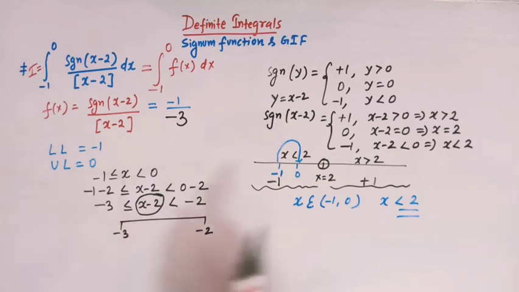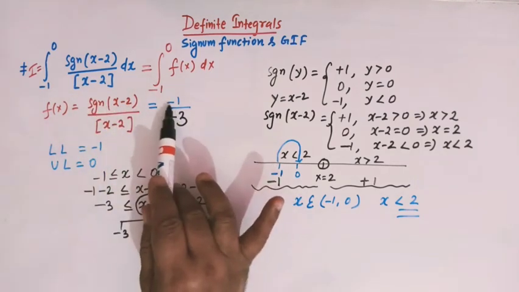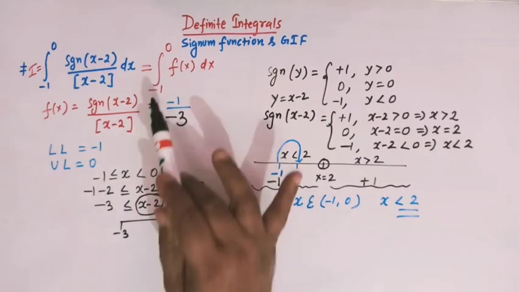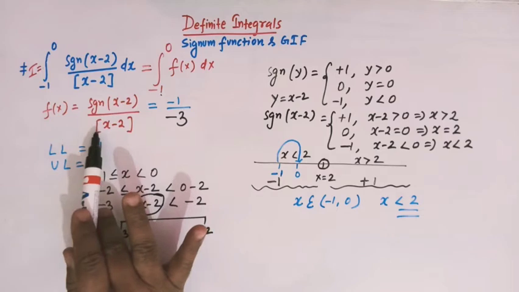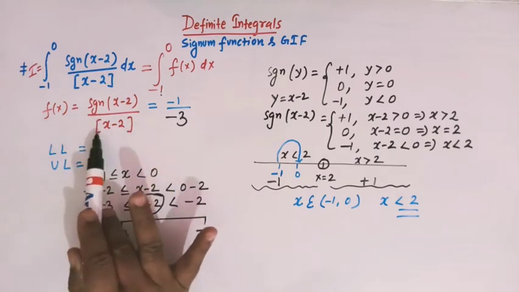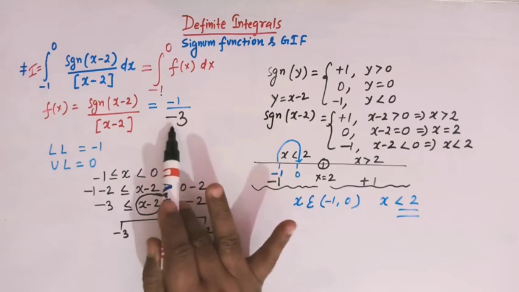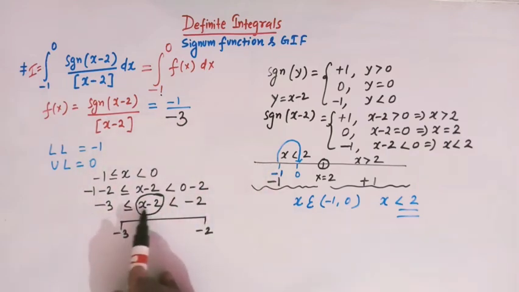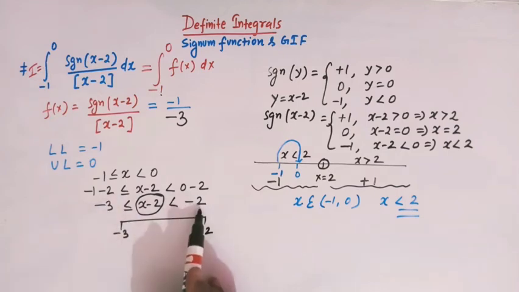So signum of x minus 2 has the value minus 1 when x lies between minus 1 to 0, and similarly greatest integer of x minus 2 has the value minus 3 because x minus 2 lies between minus 3 and minus 2.